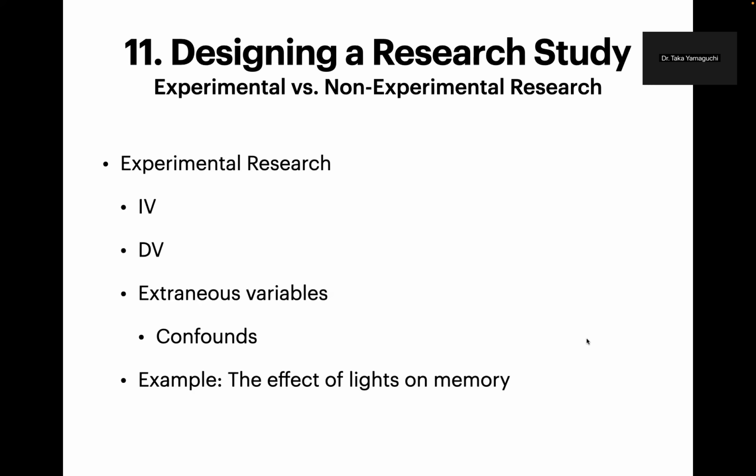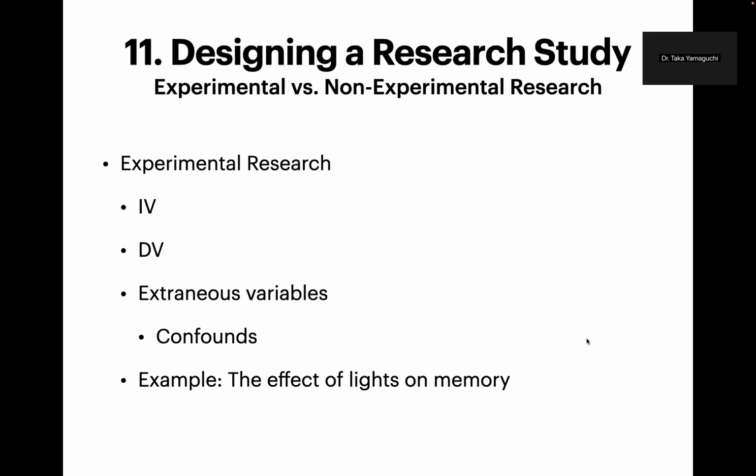So I don't want you to get confused into thinking we have two independent variables, because whether it's an independent variable or dependent variable, each variable must have at least two levels.